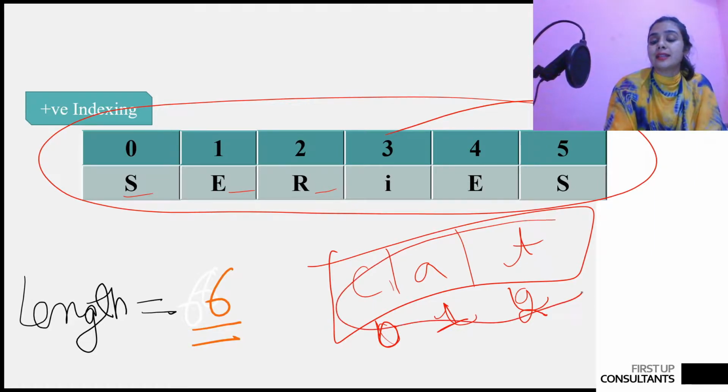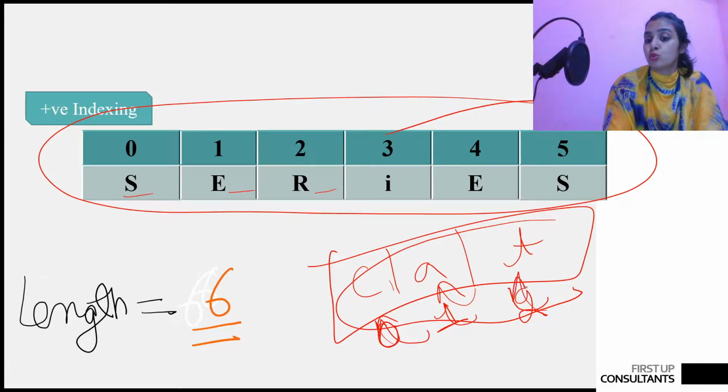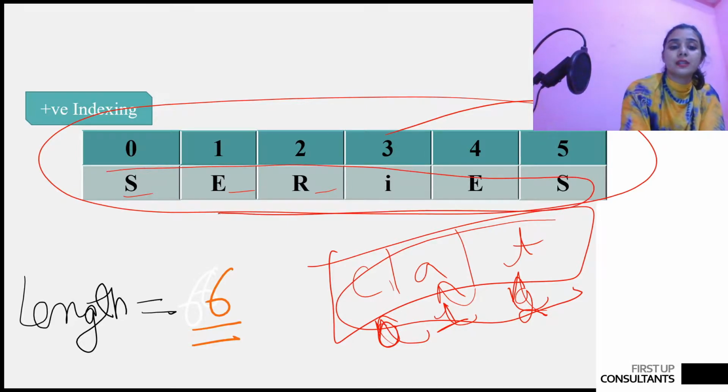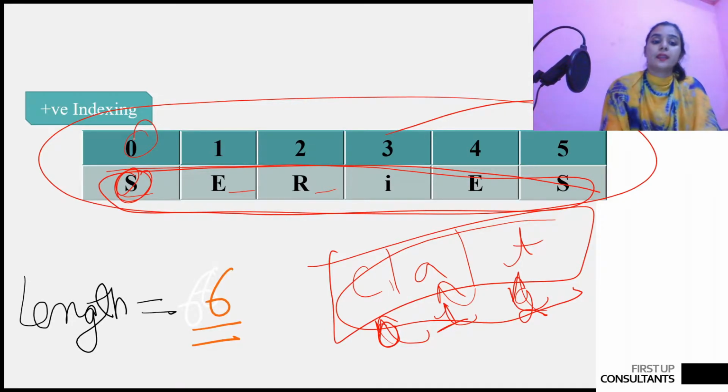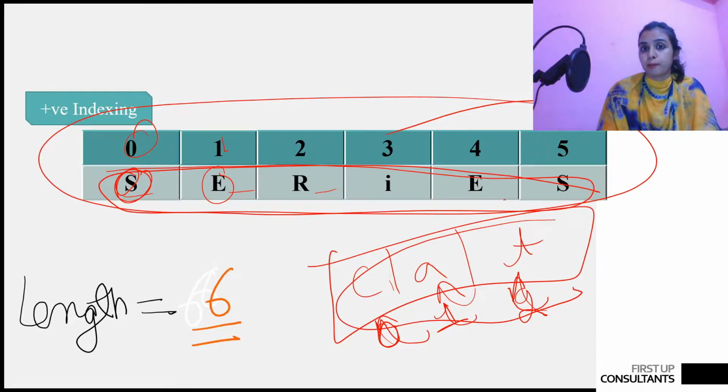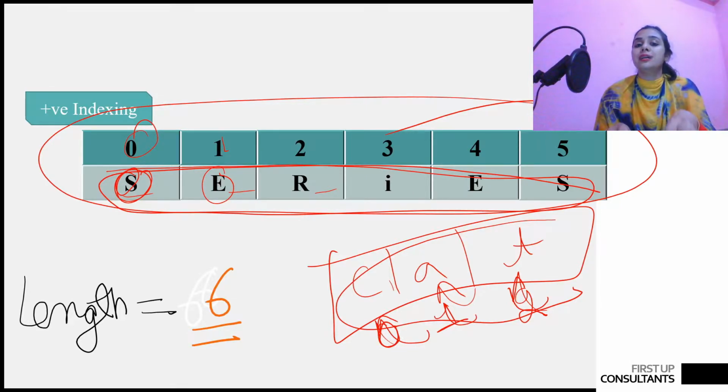So indexing is there like in arrays. We have done arrays, and there the first element represented the 0th index, then the next one 1, 2, and so on. In the same way here, if this is my string, S is on the 0th index, then the next is on 1, 2, 3, 4, 5 and so on. This is called indexing.